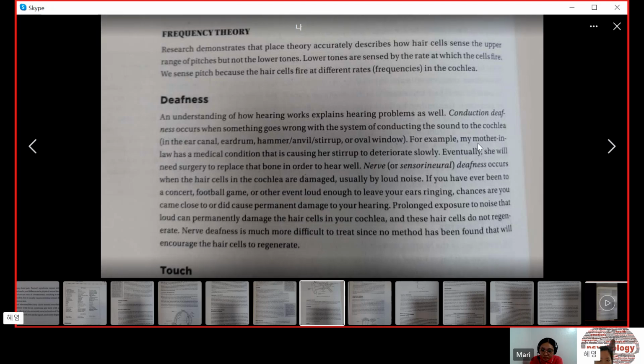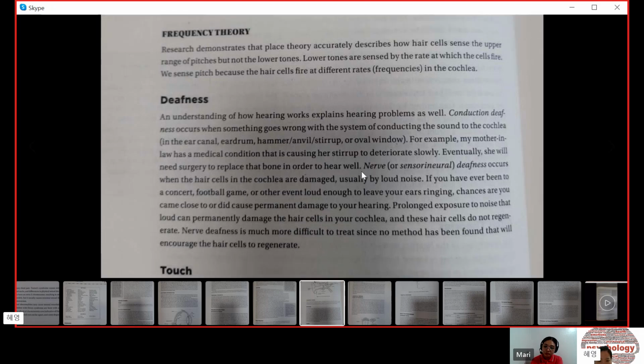For example, my mother-in-law has a medical condition that is causing her stirrup to deteriorate slowly. Eventually, she will need surgery to replace the bone in order to hear well.